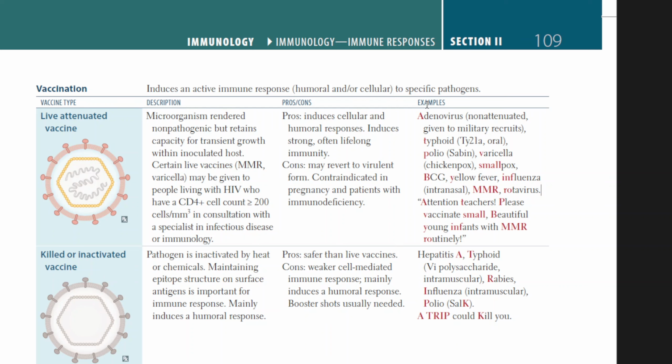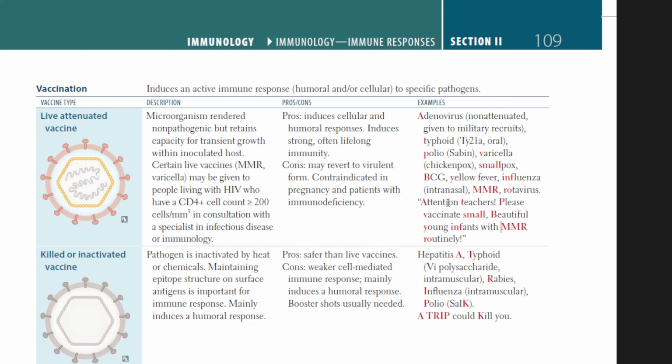So you have the vaccines in this group: adenovirus, typhoid, polio, varicella, smallpox, BCG, yellow fever, influenza, MMR, and rotavirus. Attention teachers, please vaccinate small beautiful young infant with MMR routinely.